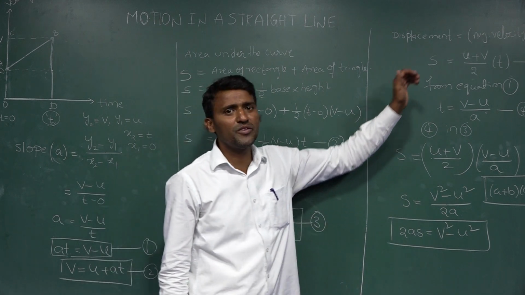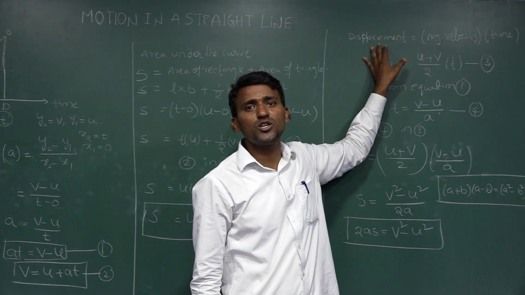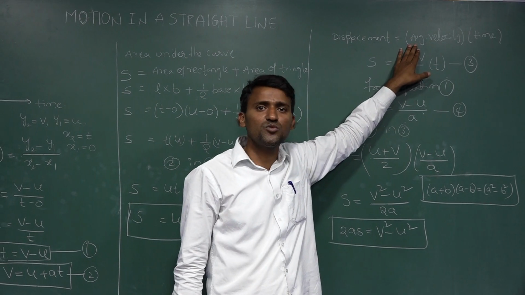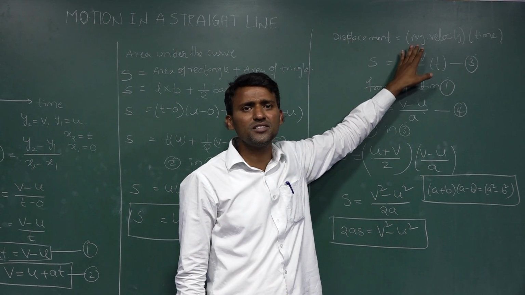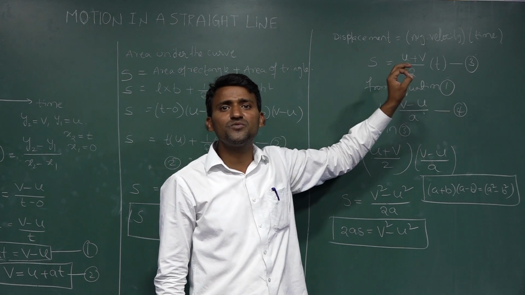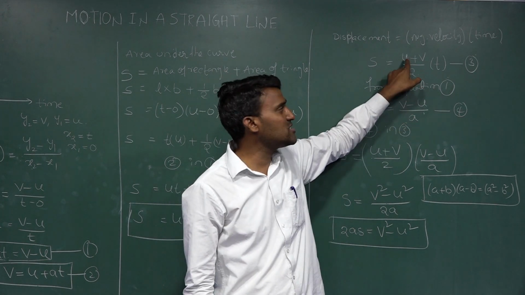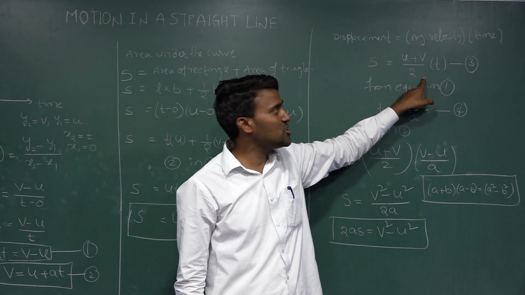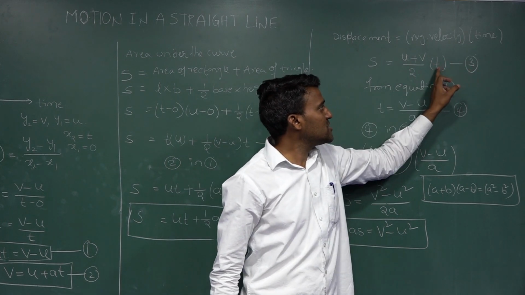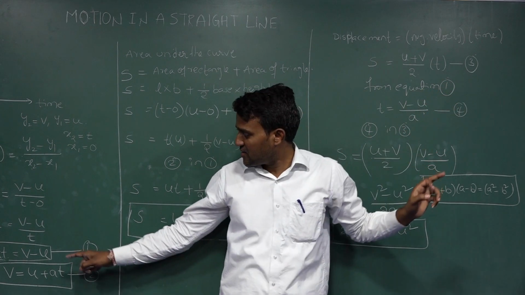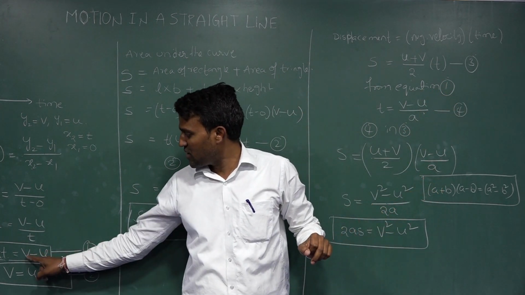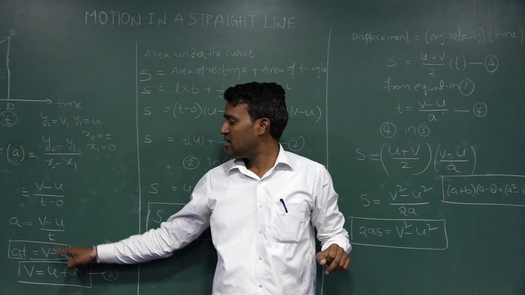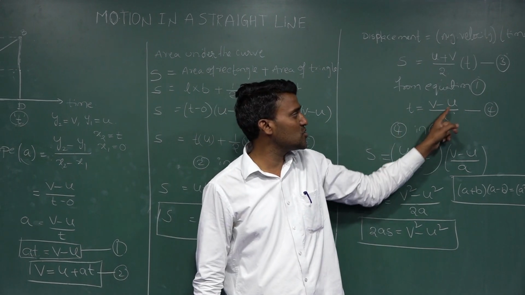For the third equation, we wrote displacement is equal to velocity into time, but here instead of velocity, I took average velocity. What is average velocity? v1 plus v2 divided by 2, where v1 is the initial velocity and v2 is the final velocity, into time. From equation 1, taking the RHS, t equal to v minus u divided by a.